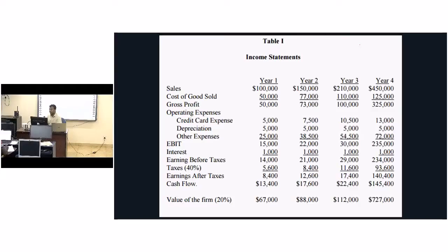It is 72%. Suddenly, what has happened, if you notice carefully? In the fourth year, the GP ratio has increased significantly. Anything else? There is an important thing you can notice.